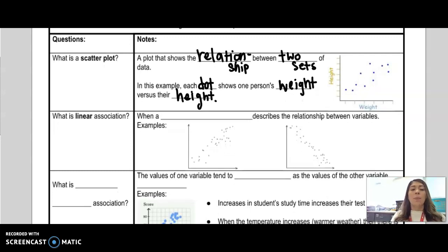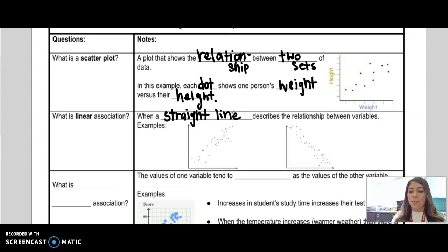And now we're going to talk about what is linear association. That is when a straight line describes the relationship between variables.